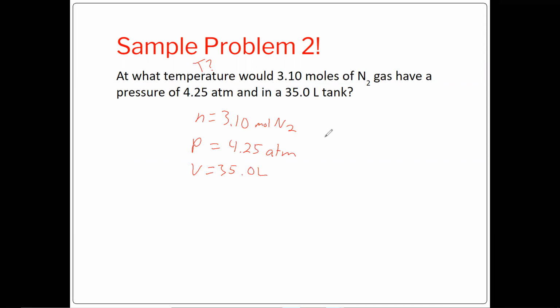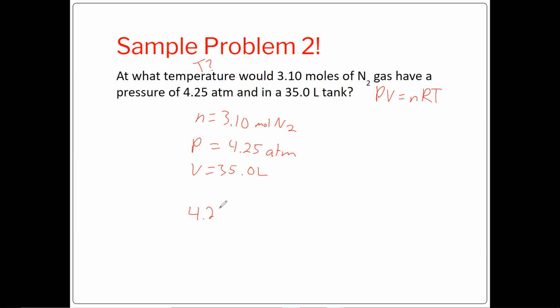You see what I just did here. As I was reading the question, I identified what I had. So given our formula, I am given pressure, I am given volume, I am given number of moles, not given R, but again, we have a list of those, and I'm asked about temperature. So I have all the pieces of information that I need to solve this. It's just a question of plugging it in where it goes.